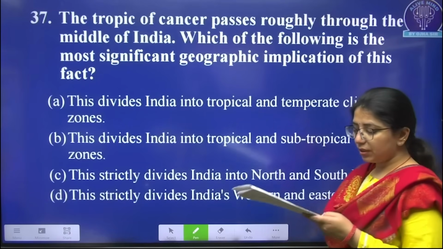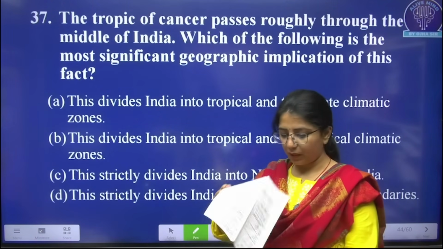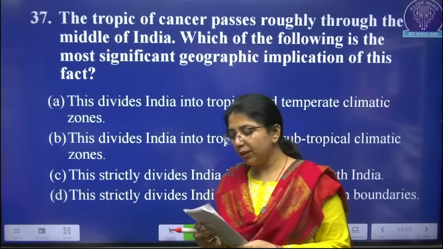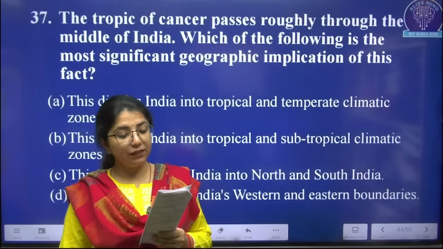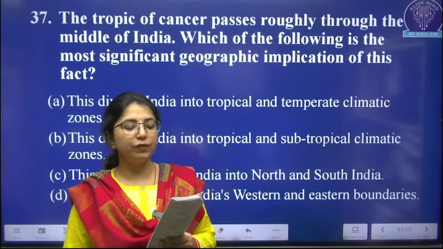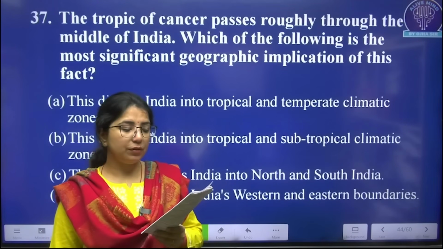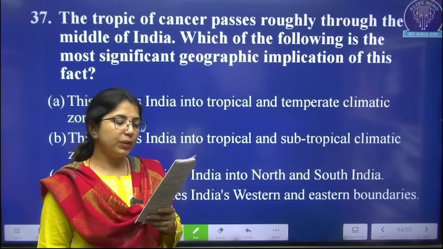Then the question is 37. The Tropic of Cancer passes roughly through the middle of India. Which of the following is the most significant geographical implication of this fact? A type of question you have solved before, but with a different framing. That it divides India into tropical and subtropical?